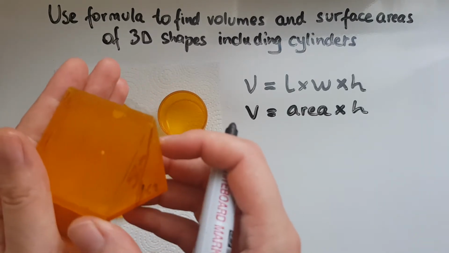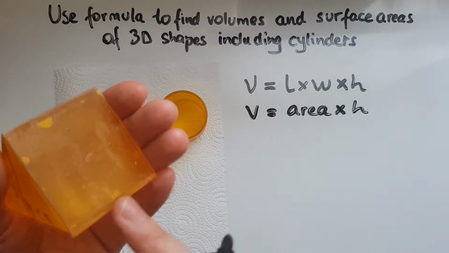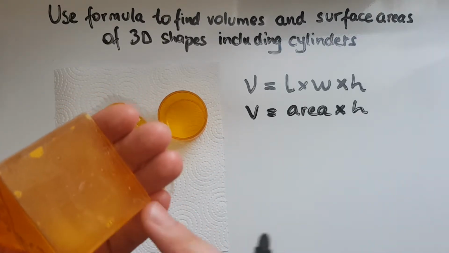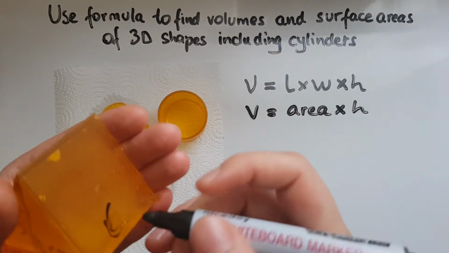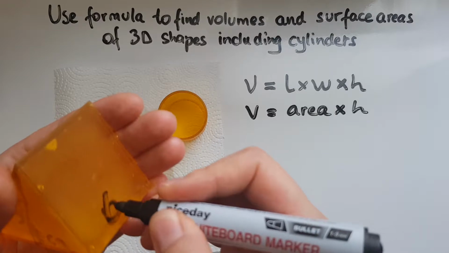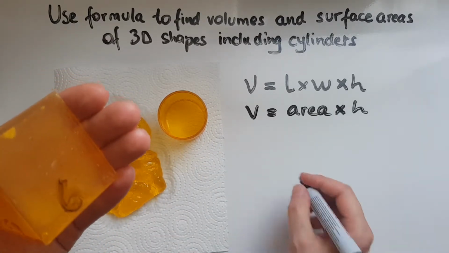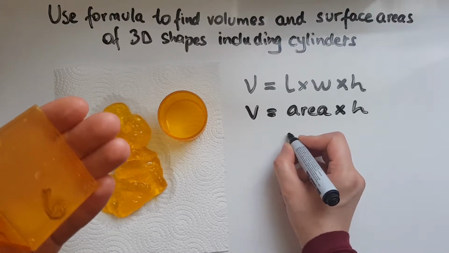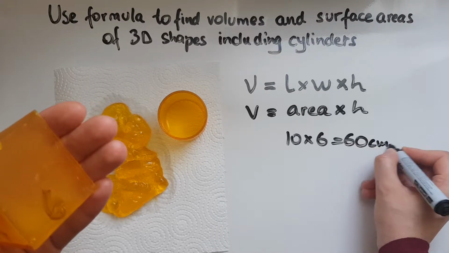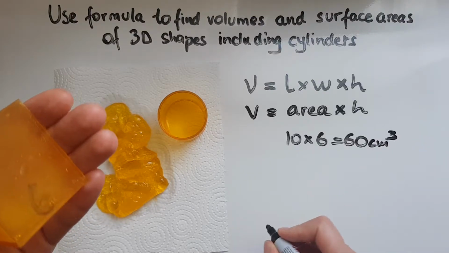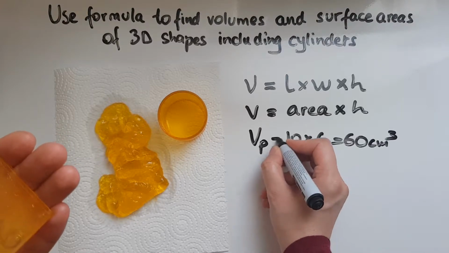So that is 10. Now we said that is being repeated throughout, so we're going to multiply it by this, the length here, or the height. So then it would be 10 times 6 equals 60 centimeters cubed. So that's the volume of the prism.